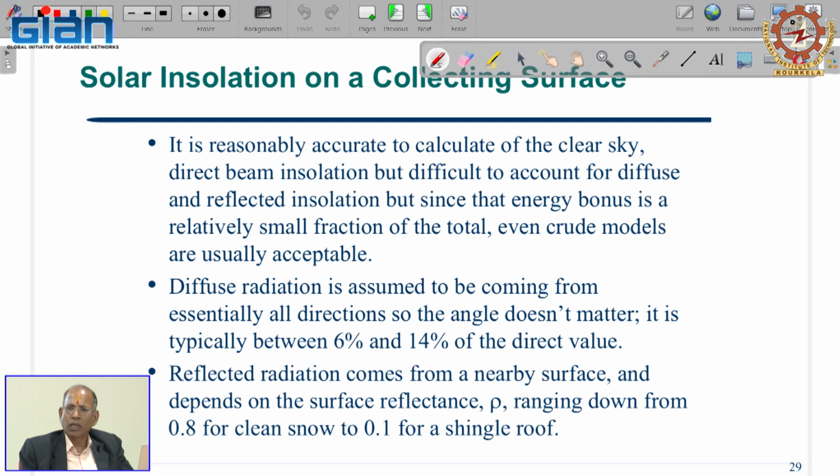Direct beam insolation you can calculate quite accurately, but it is very difficult to exactly calculate the diffuse and reflected. But if it is a little bit approximate, that's also fine. So it is basically kind of a bonus. You cannot exactly calculate a bonus, but salary you can exactly calculate.